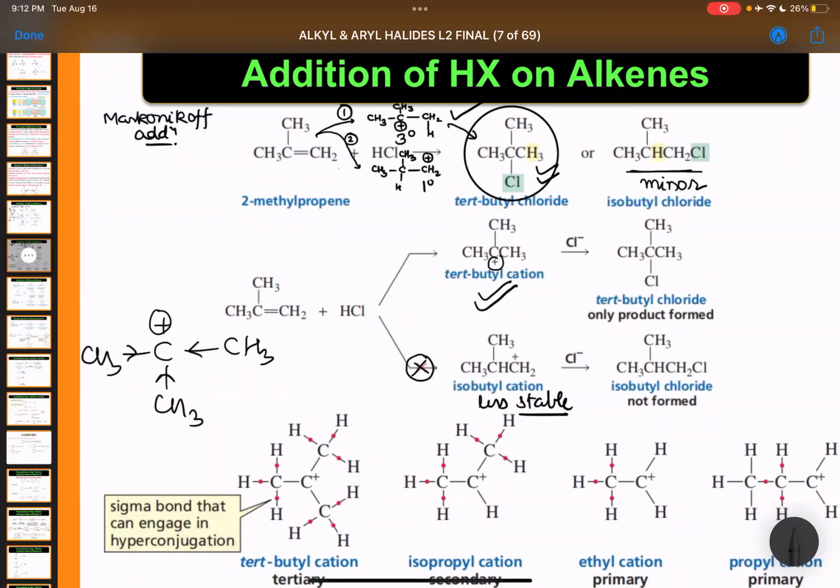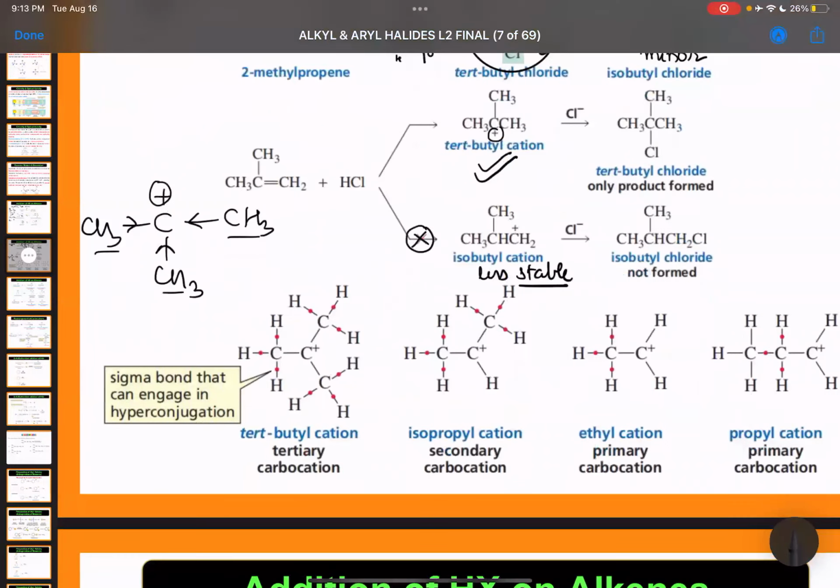These are small alkyl groups, and they are not very electronegative. They can push the electron pair towards the carbocation. That is one reason.